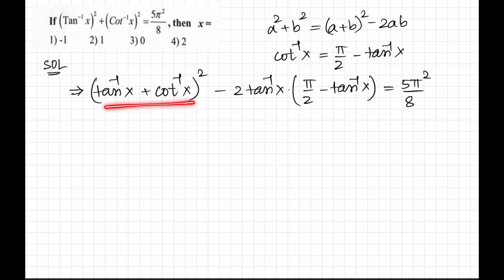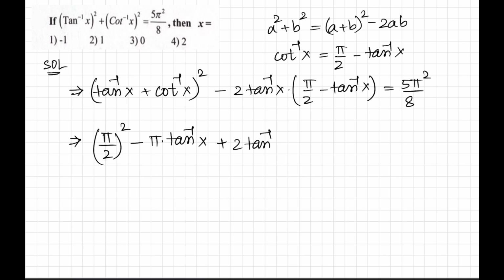Now this we know is pi by 2, so this becomes (pi by 2) squared minus pi into tan inverse of x plus 2 (tan inverse of x) squared is equal to 5 pi squared by 8.